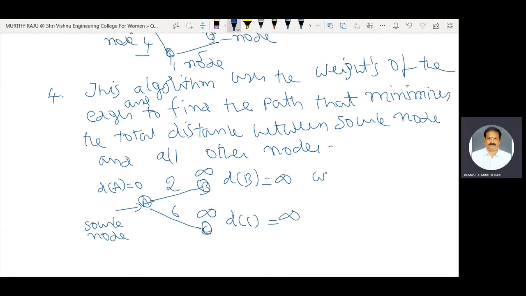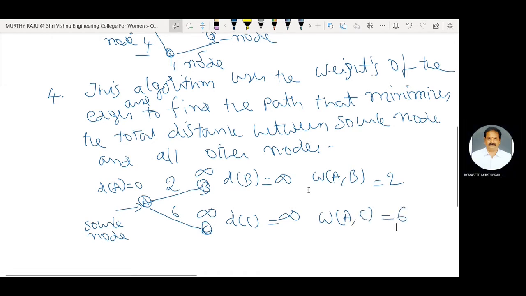Therefore, the weight of edge (A, B) is 2. The weight of edge (A, C) is 6. This algorithm uses the weights of the edges, that means 2 and 6, to find the path that minimizes the total distance between the source node and all other nodes.